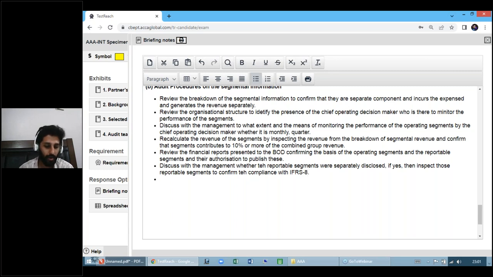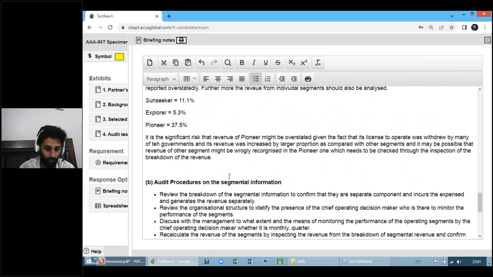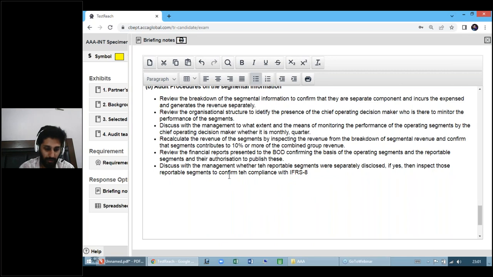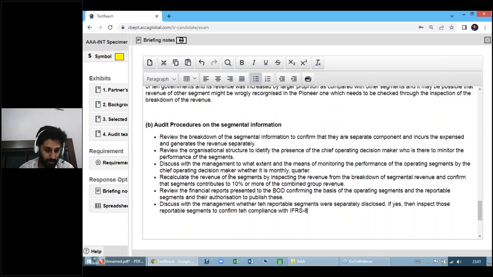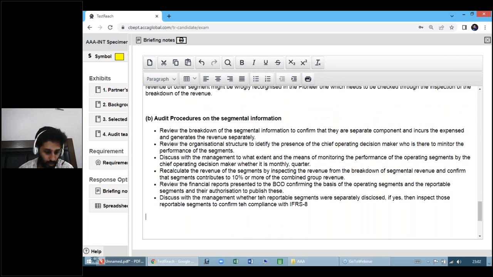Now I have written down how many procedures I had noted here: 1, 2, 3, 4, 5, 6. You should write at least 5 points, right? So this is the way to write the audit procedure: procedure, source, and purpose. I'm not teaching you in a very basic way, but I have explained it in a basic manner, right?